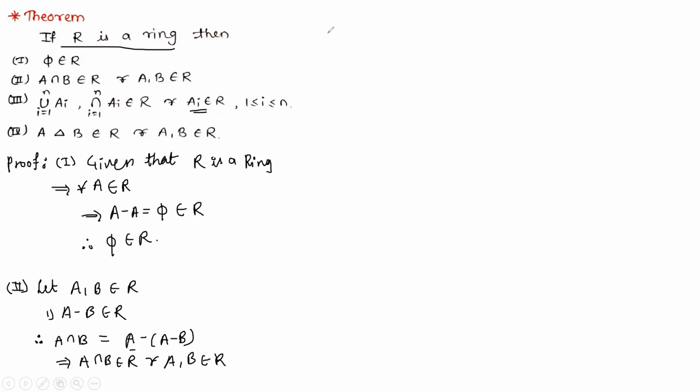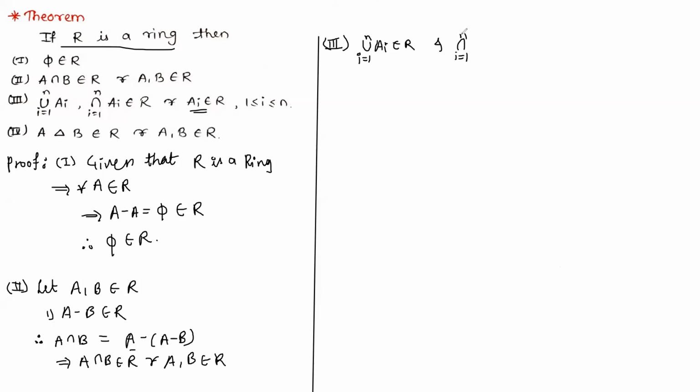Now third, here we have to prove that the union of i from 1 to n of A_i belongs to R, and also the intersection from i equals 1 to n of A_i belongs to R, for all A_i belonging to R. We prove this by the induction method.